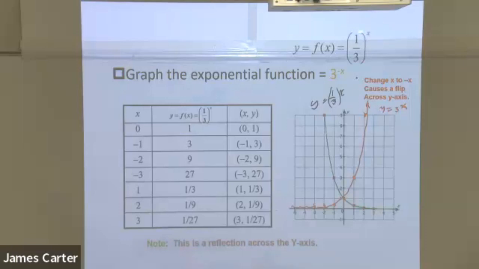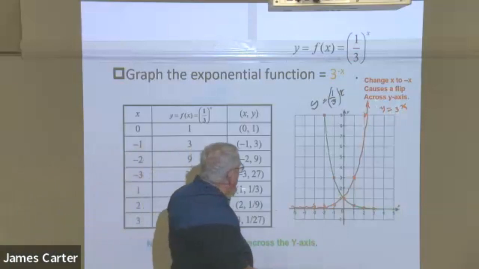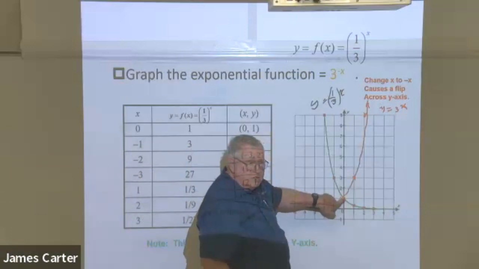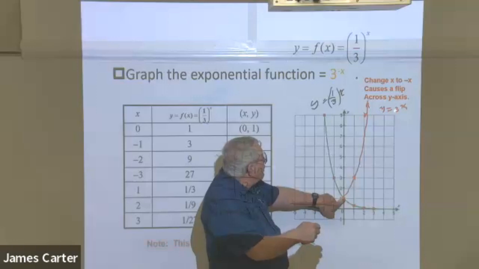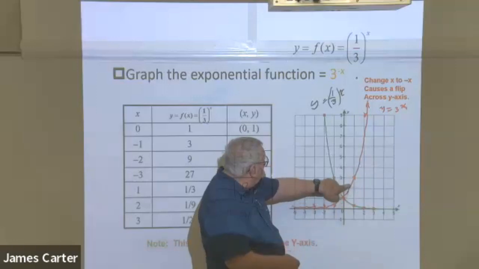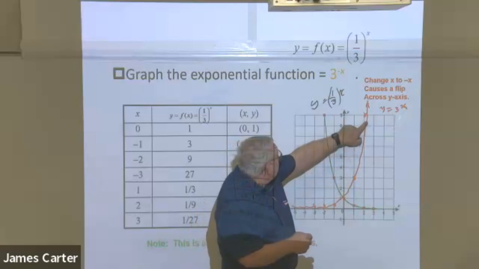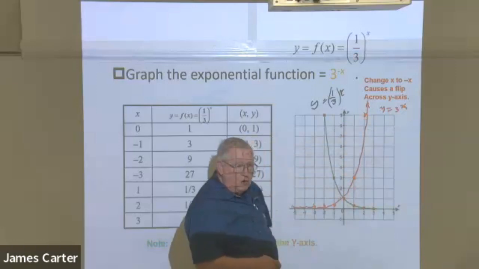Here's where we want this one. This is the same thing as that. The 3 to the x will always start here at (0, 1) again. When x is 0, we get 1 for y. If x is 1, we get 3. If x is 2, we get 9, and so forth.